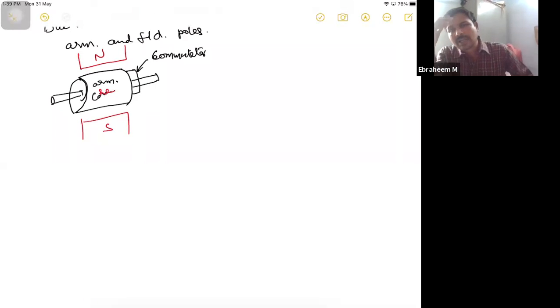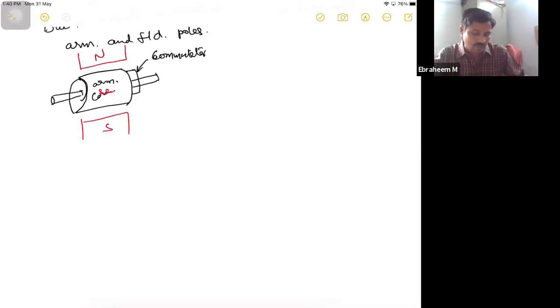So what we are doing here is, the magnetic energy utilized to magnetize the armature core is lost when the magnetization is reversed. In the first moment, when it passes through the South Pole, it will be magnetized in one direction.